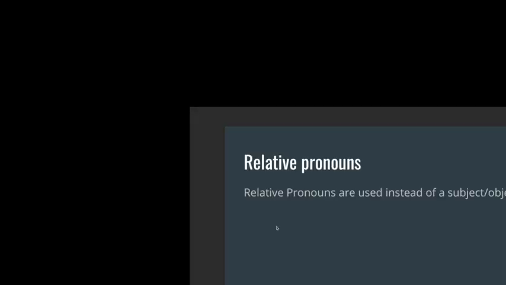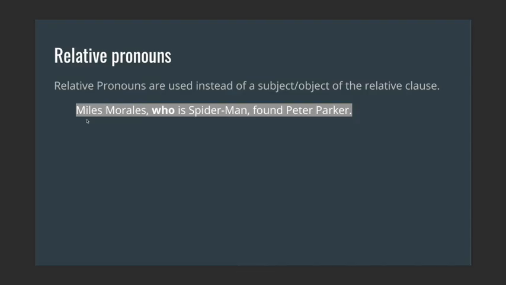For example, here we have a sentence with two clauses, one of which is a relative clause. Here we have a sentence. Miles Morales, comma, who is a Spider-Man, comma, found Peter Parker. In this case, who is replacing the subject of that clause, which originally was Miles Morales.